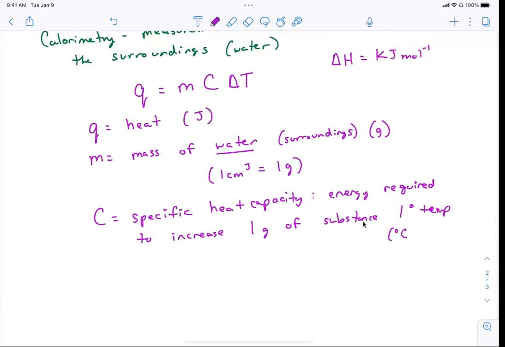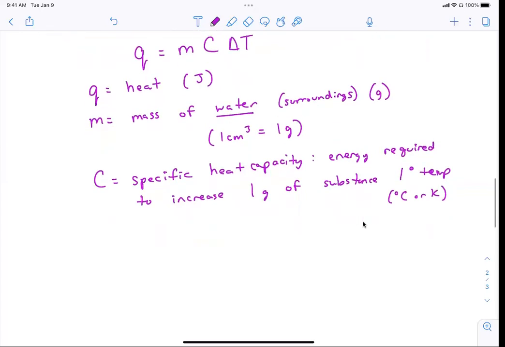Whether it's Celsius or Kelvin, it doesn't matter, because Celsius and Kelvin are the same increments as you go up. 1 degree in Celsius is the same as 1 degree in Kelvin. Usually I think you write it in Celsius because you're measuring with thermometers that measure in Celsius.